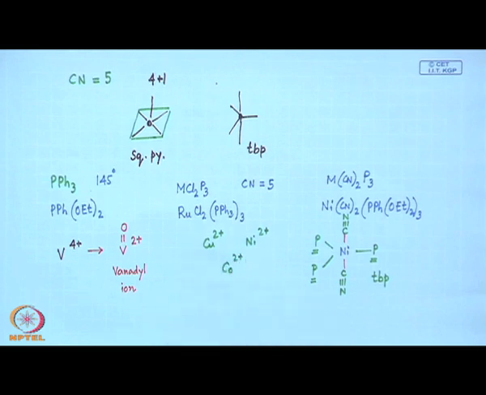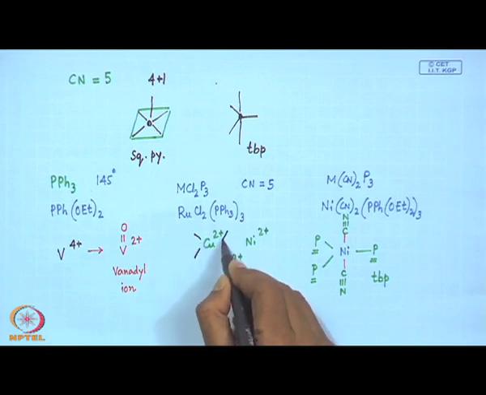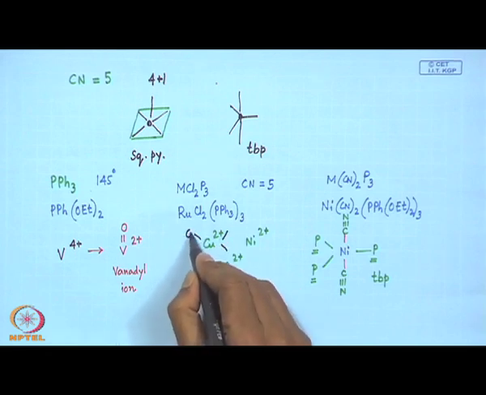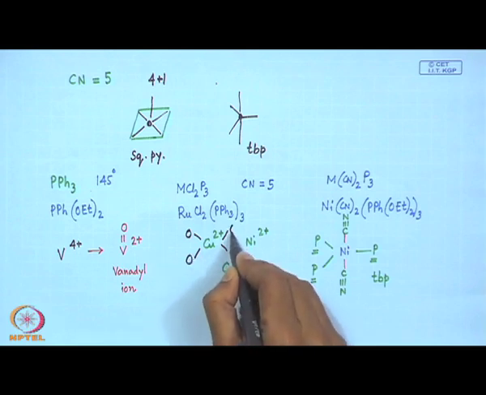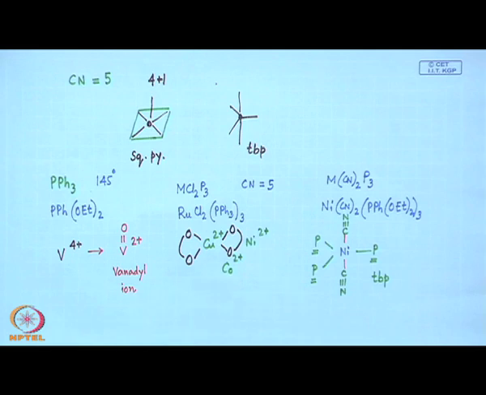Just now we have seen that the copper 2 ion can bind to 2 acetylacetone molecules, giving rise to a bis compound with a coordination number of 4.